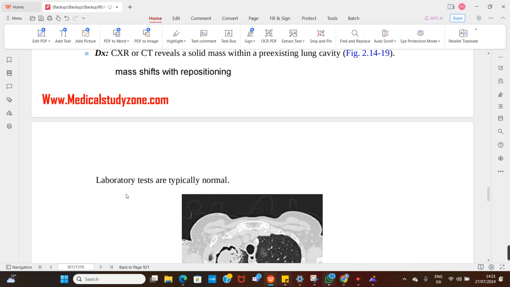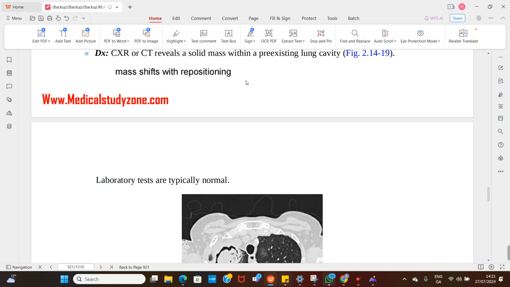But if you do a lab test, it can be normal. Aside from all those things that we have talked about, the IgE, your skin prick test is going to show positive to this aspergillus. You measure your IgE against your aspergillus, it is going to be positive.